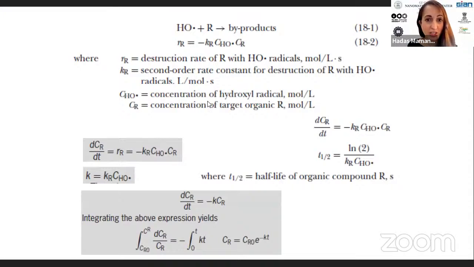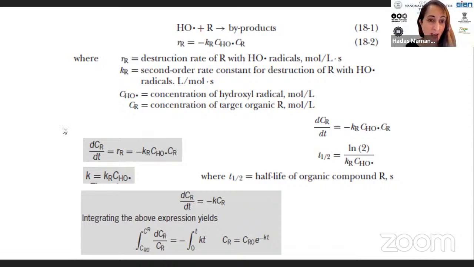Okay, so if we look a little bit about equations, calculation of the steady state hydroxyl radical concentration is very complex. It's not an easy thing.